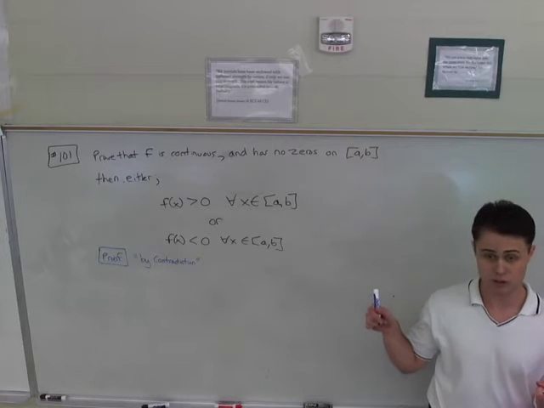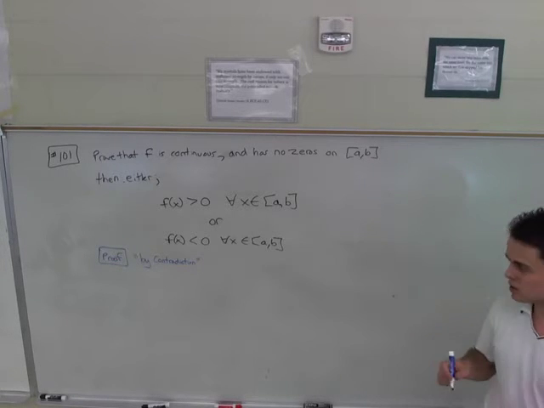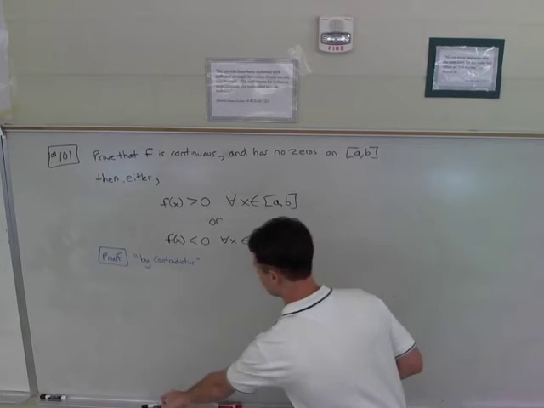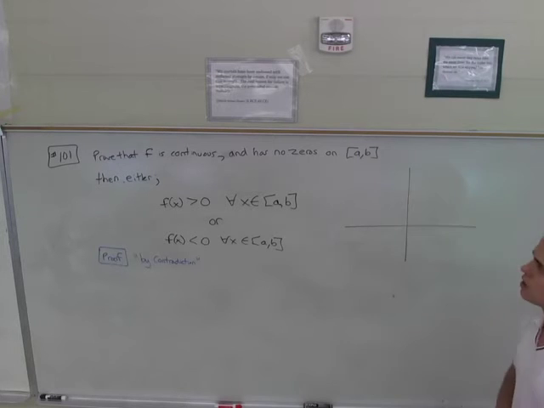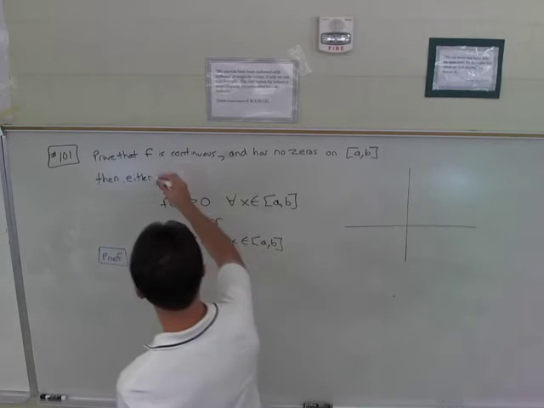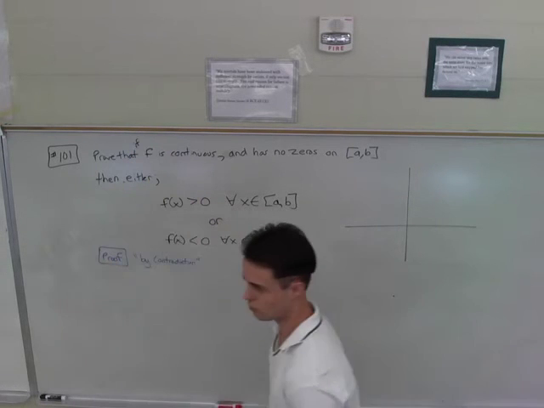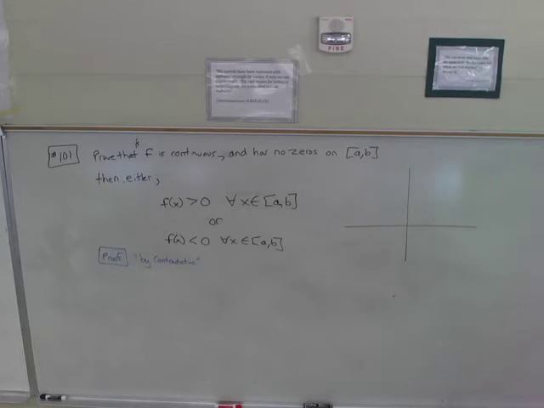This one's really hard to do directly. Think about what this is really saying. Let's try to draw a picture. So that's how we're going to get started here. It says, prove that if f is continuous and it has no zeros, so it doesn't cross the x-axis, no x-intercepts, and it's continuous, then one of these has to be true.